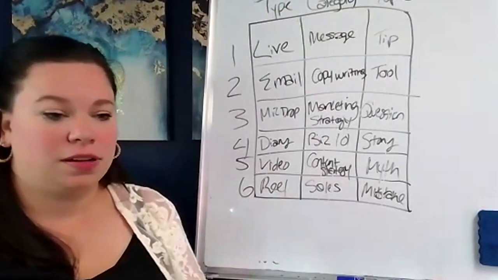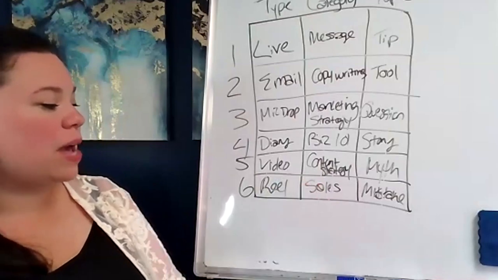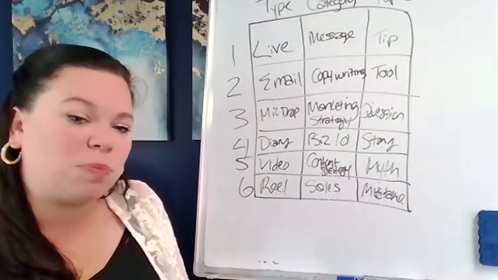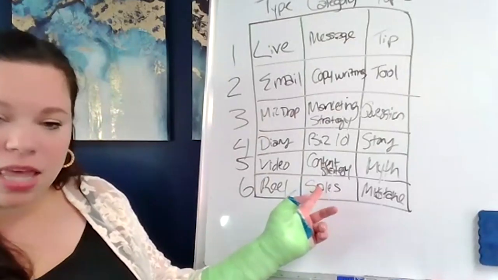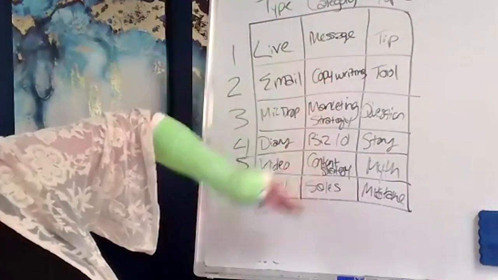So what is the category for 6? If you have 5 content categories, you're just going to pick one of the 5 and repeat it in number 6. If you had 3 content categories, you should see each one on here twice.